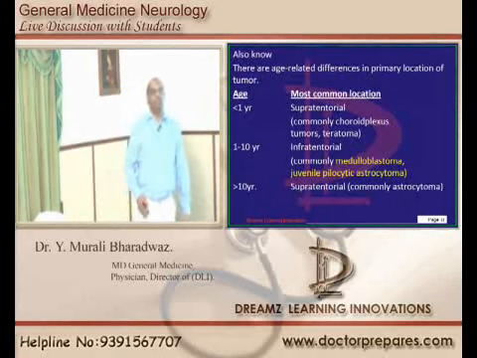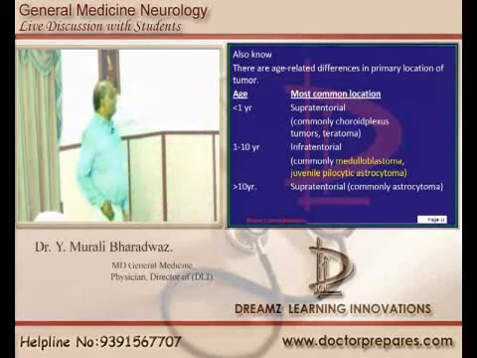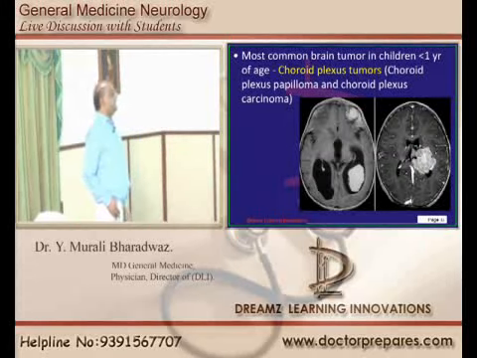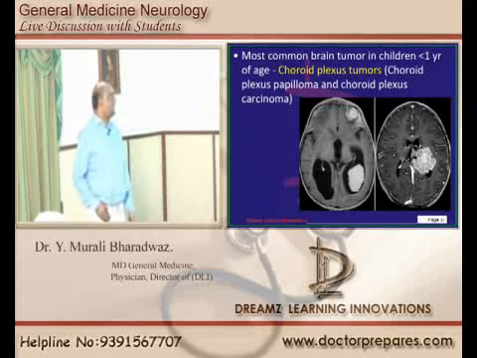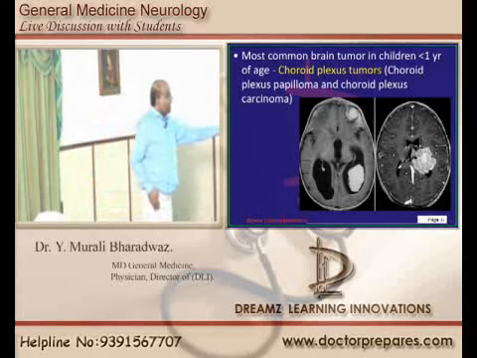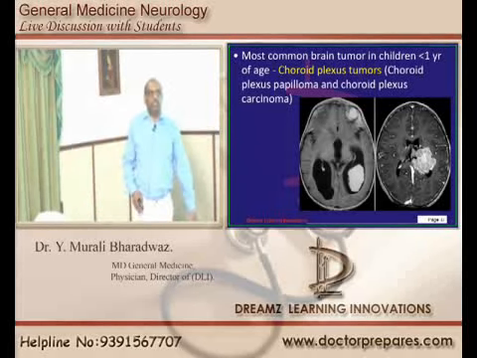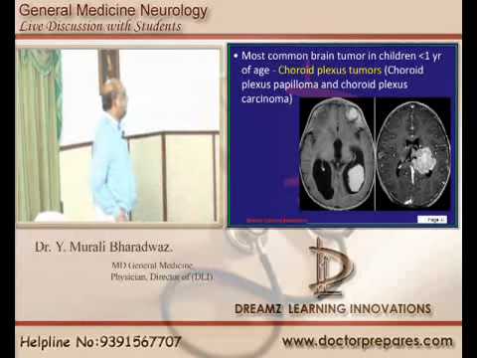Now if you look at the various tumors, less than 1 year are all supratentorial, 1 to 10 are infratentorial, more than 10 are once more supratentorial. And it is the astrocytoma that is common in those more than 10, less than 1 is commonly the choroid plexus tumors, and 1 to 10 is generally medulloblastoma. This is how a typical choroid plexus tumor looks; you should not forget, less than 1 year it's a very common tumor.